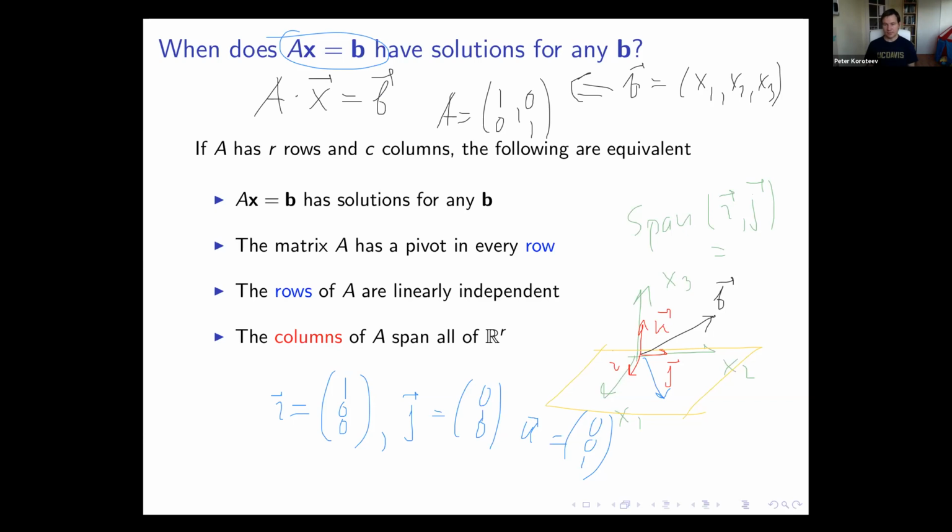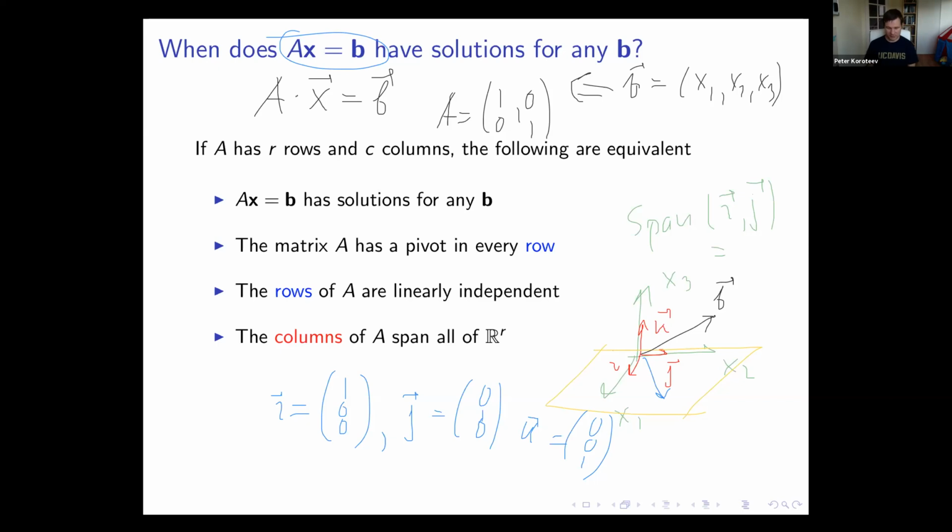So this is probably the most direct example. We know that every vector in 3 dimensions can be represented as a linear combination of the basis vectors i, j, and k. That's how we introduce the coordinate system. Now this very fact we can interpret as the existence of a solution of the inhomogeneous equation Ax equals b for every value b.